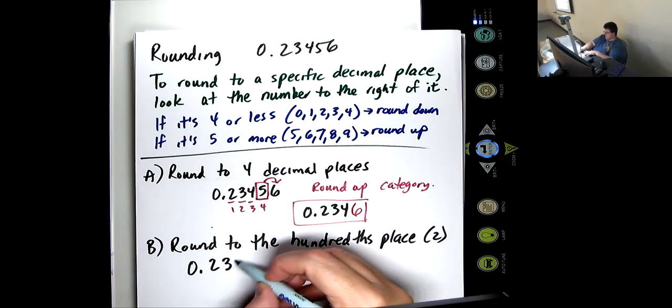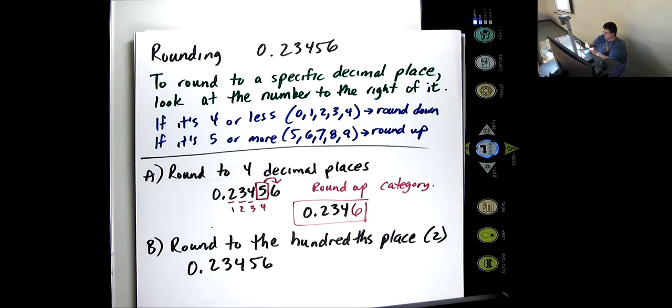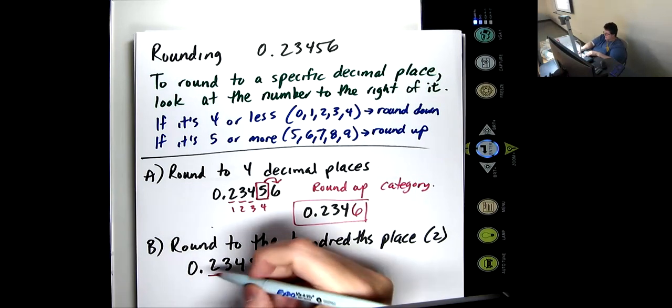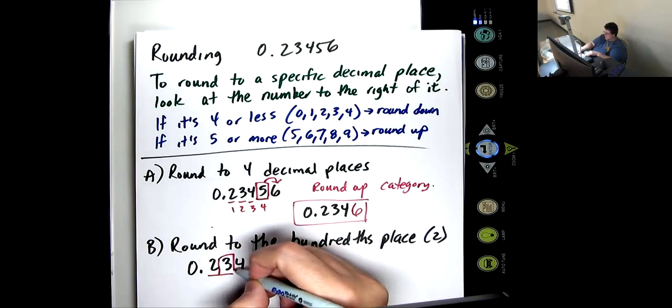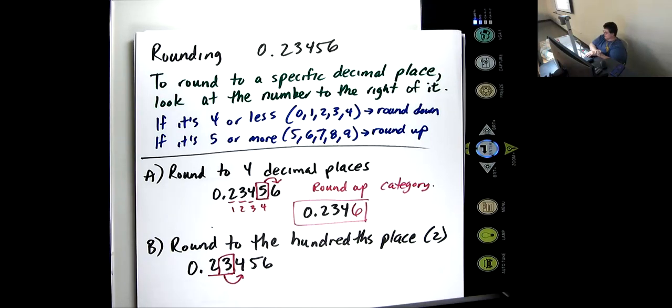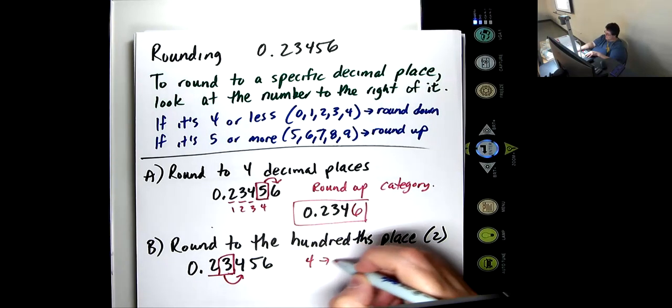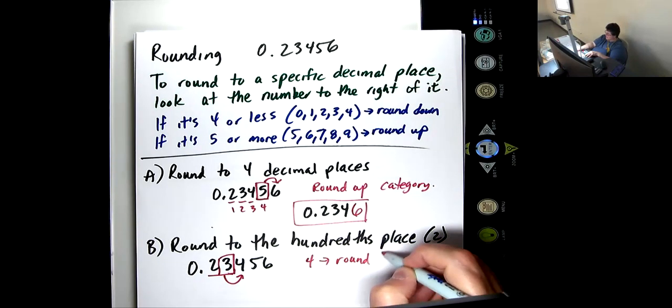I'm going to write them all, but you don't need to. We only need to go over 2 decimal places, and we're looking at the 3. The 3 is our target number. We look to the number to the right. The number to the right is a 4, and that is in the round down category.